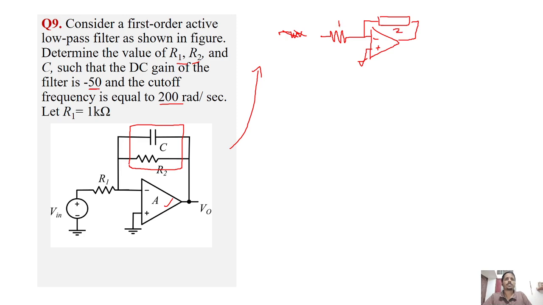This is Z and this is R1, and I have V in. So the transfer function T of j omega is V naught by V in, right? So what is it? Minus of Z by R1.